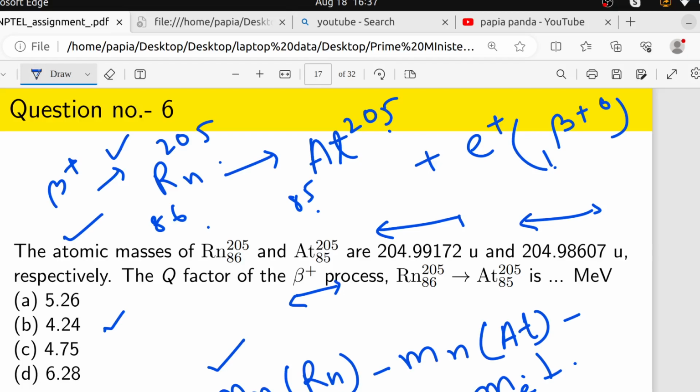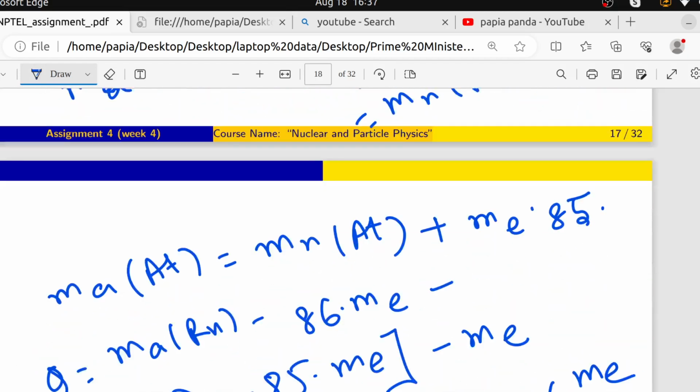If you have any doubt after completing it, the last date for submitting assignment 4 is 23rd August. So after the 23rd, if you have any doubt on the week 4 assignment questions, then you can ask, not right now, so that I can answer.